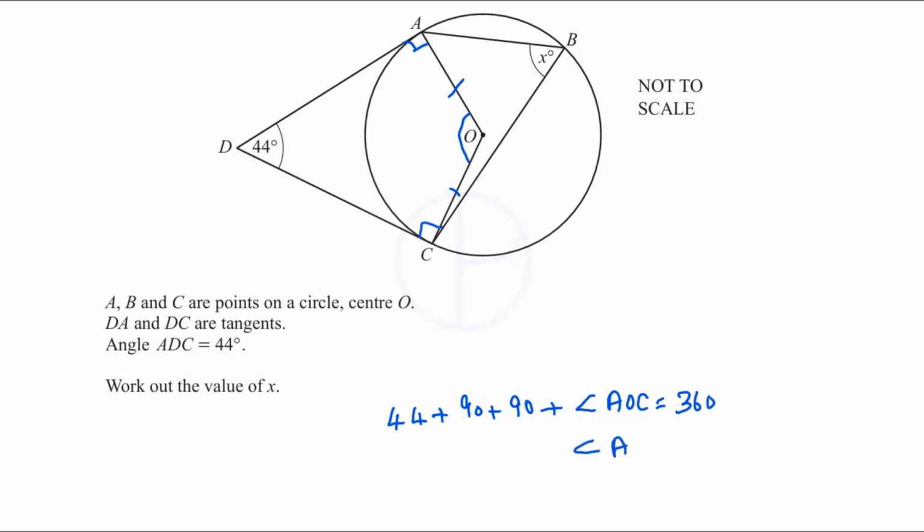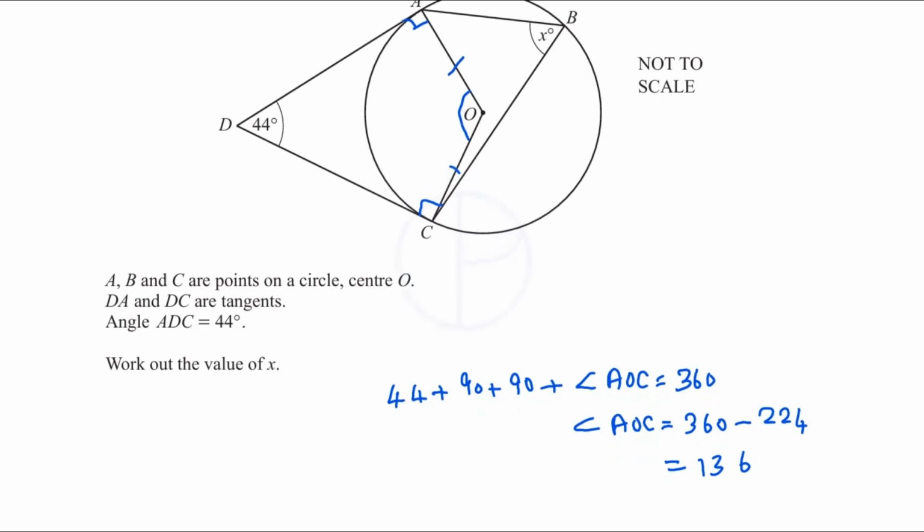So angle AOC is equal to 360 minus, 44 plus 90 plus 90 is 224. So 360 minus 224 gives 136. Okay, so the angle AOC is 136. Next, the angle at the center is twice the angle at the circumference. So x is 136 divided by 2, which is equal to 68 degrees.